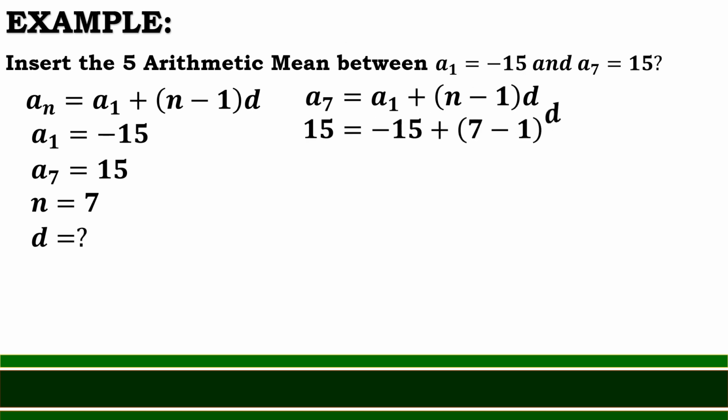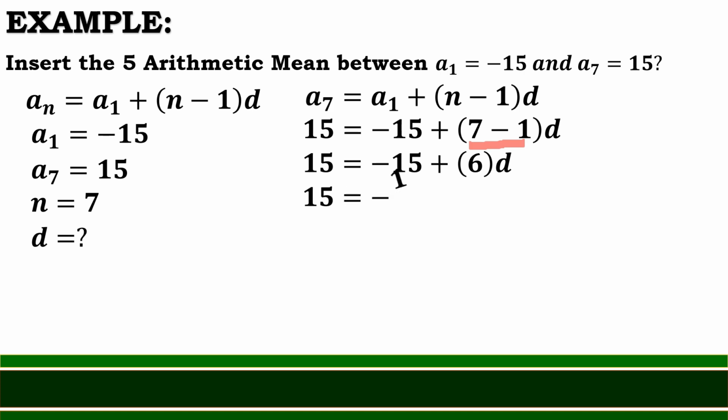Using this equation, substitute natin yung corresponding value. You have 15 equals negative 15 plus 7 minus 1 times d. After this, subtract natin the 7 minus 1. 7 minus 1 will give you 15 equals negative 15 plus 6 times d. So, magkakaroon tayo ng 15 equals negative 15 plus 6d. Next naman, transpose ulit natin si negative 15.